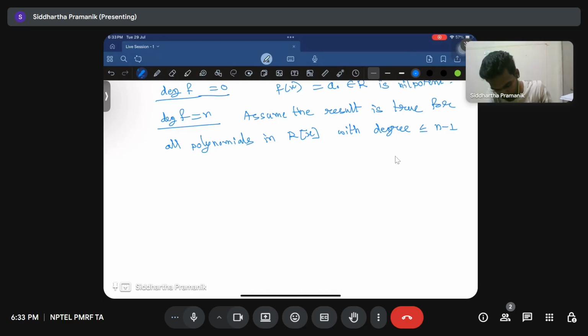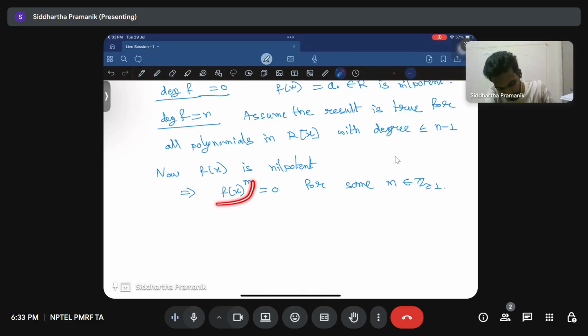Now fx is nilpotent. So that will imply fx power m equals 0 for some positive integer m. Now what is the leading term of this polynomial?